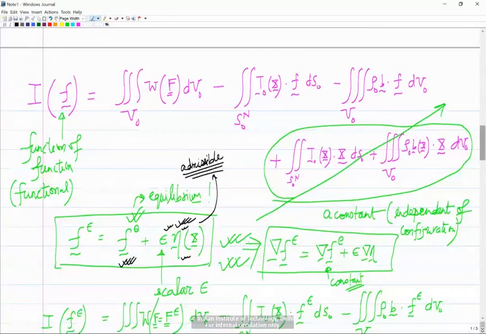In the next class, we'll learn about what is called stiffness tensor or elasticity tensor.